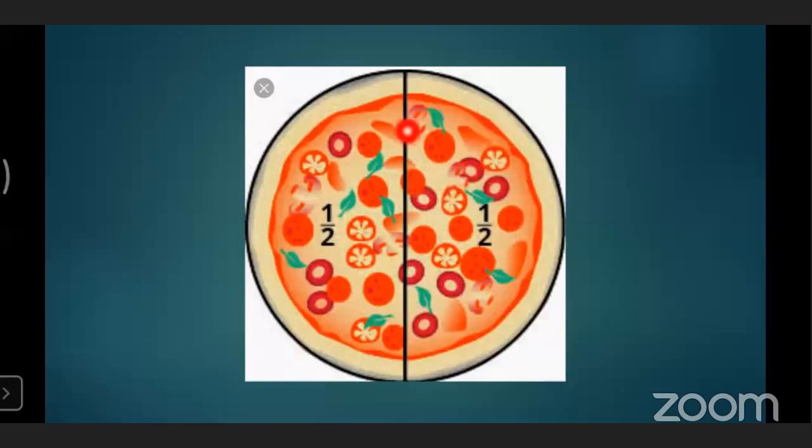The whole pizza we have divided into two equal parts. So this is the fraction 1 upon 2. Can you read this fraction? Yes, 1 upon 2. It's a fraction. So we have divided one whole pizza into two equal parts.